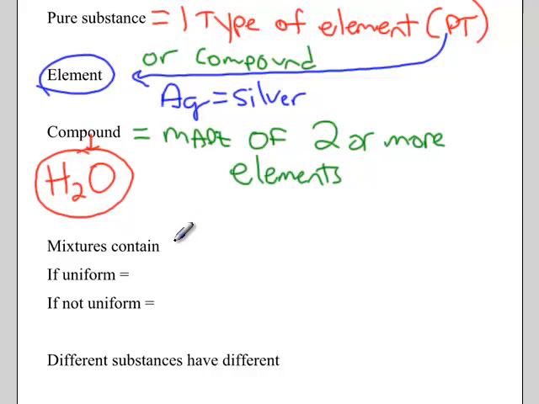A mixture is a sample that contains more than one pure substance. And if that mixture is uniform, so in other words, if you get the same properties everywhere where you take a sample out, top, middle, bottom, then that is a homogeneous mixture.